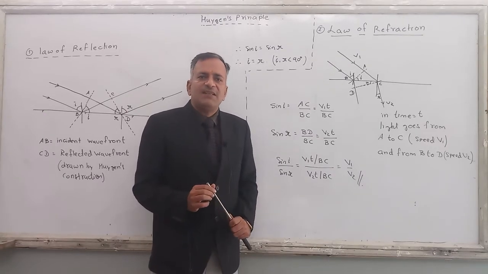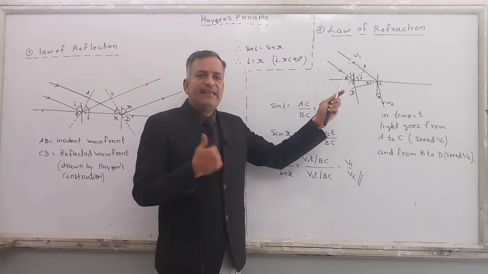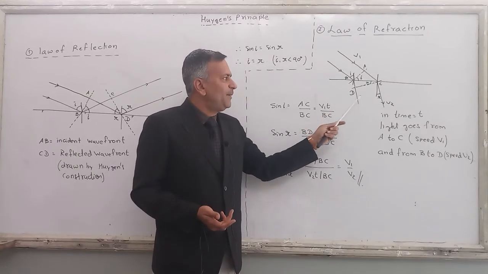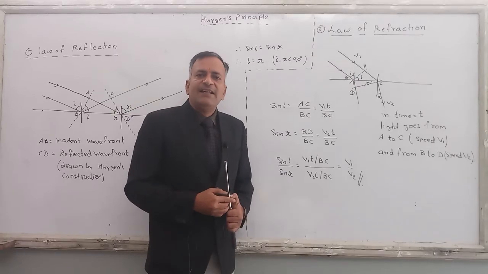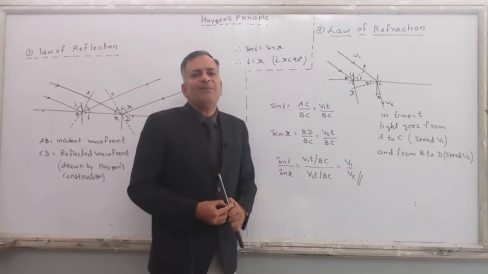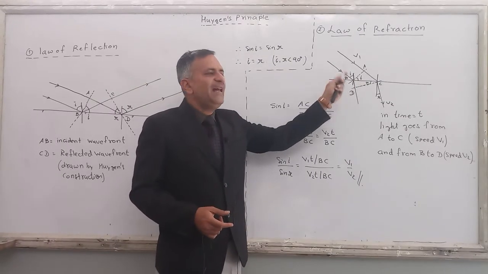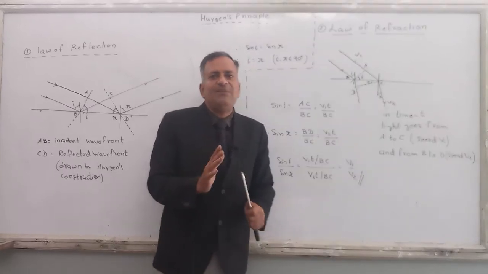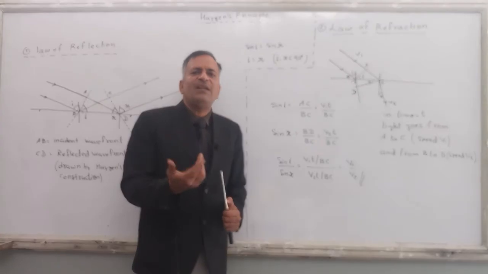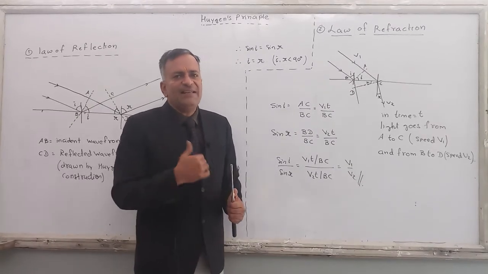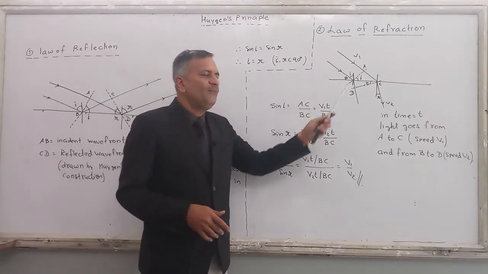That means the speed in the first medium V1 is greater and the speed in the second medium, V2, is smaller. In the same given time, say 1 second, light will travel more distance in the rarer medium, because time is the same but its speed is higher. In the second, denser medium, the speed of light will decrease, so the distance covered by the light in that given time will also decrease.